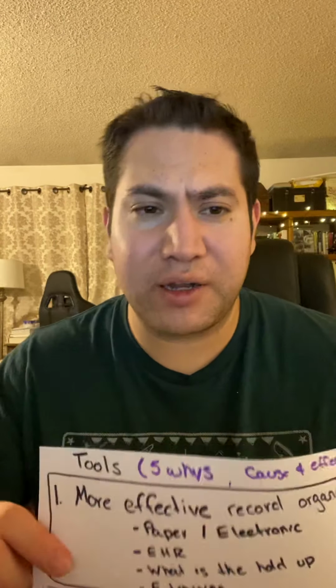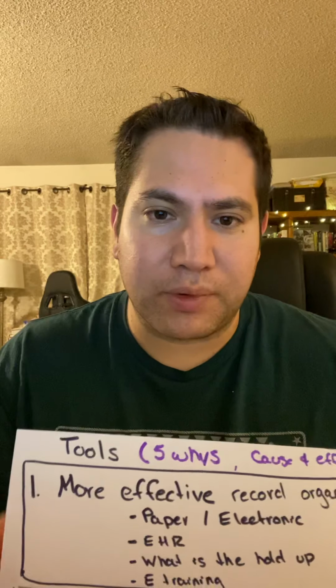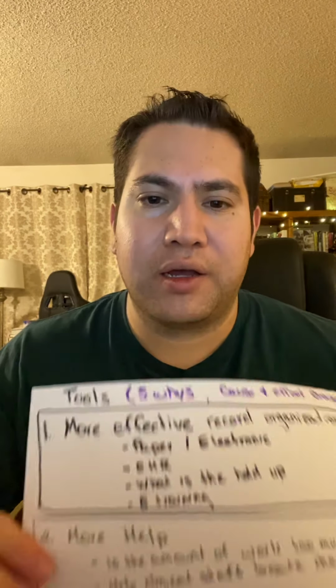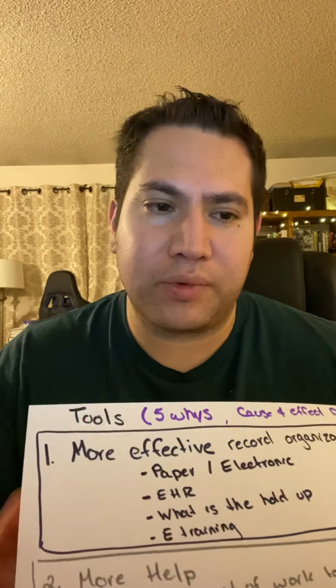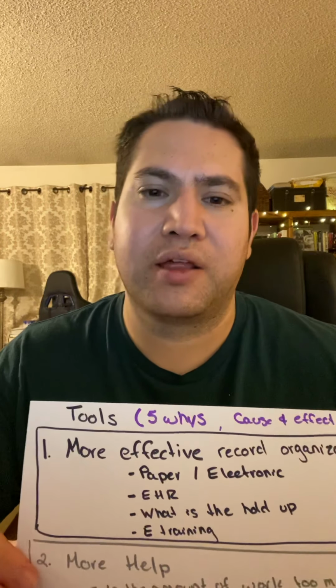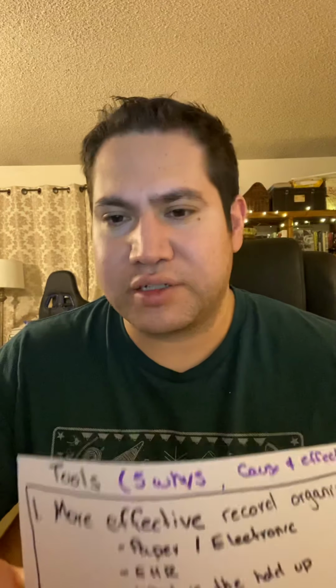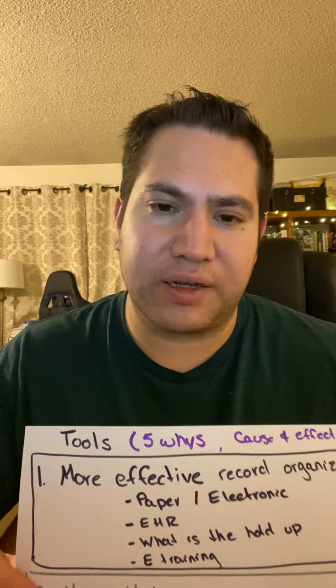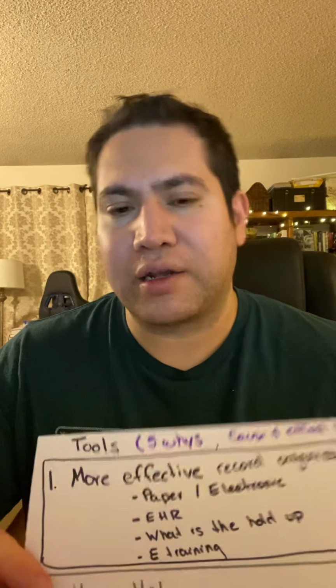If it's an electronic health record system, then we need to train people to use it effectively. It should be a matter of seconds to look someone up. You should have name and date of birth, and you should be able to find it. Anyone who needs it should be able to find it. So if that's the issue, then we need to figure out if the training is not enough, and how to fix that.